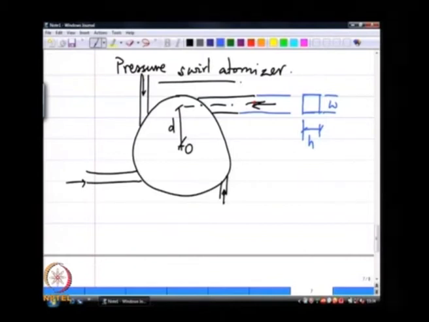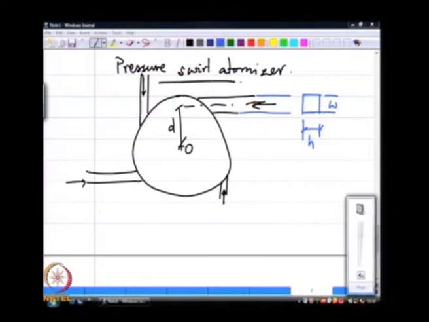So, if the depth of the slot is some h and W is the width of this passage and V is the velocity coming in, then the total volume flow rate is V times W times h times n.